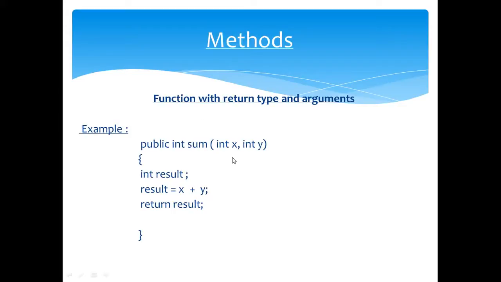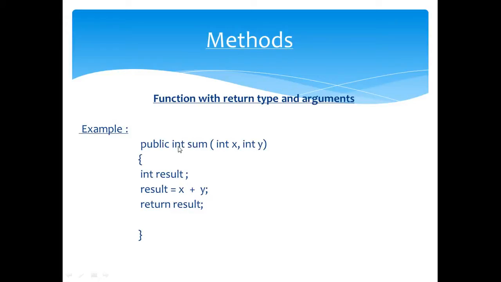Okay, here is the function with the return type and arguments. Here is an example that shows a function that has arguments and also a return type. Here you can see that a function named sum is declared.